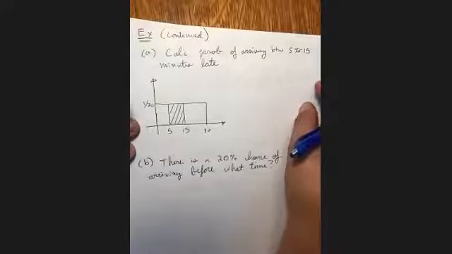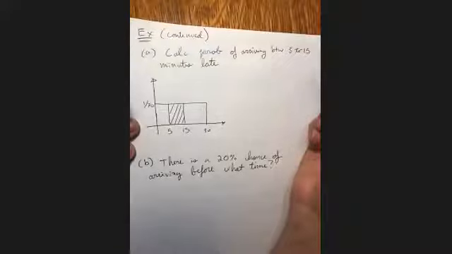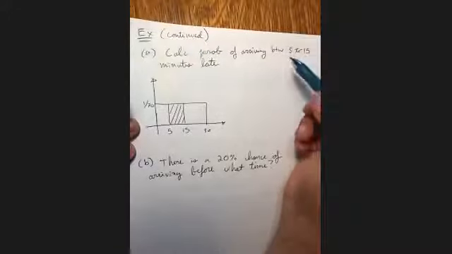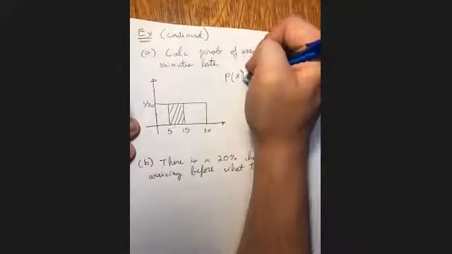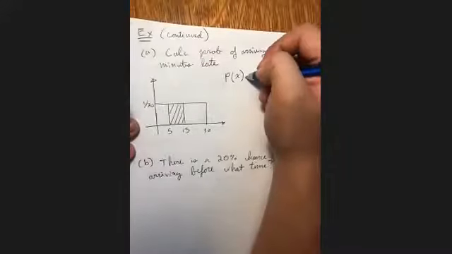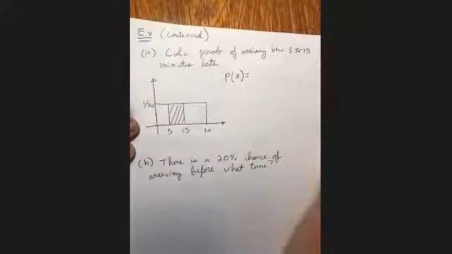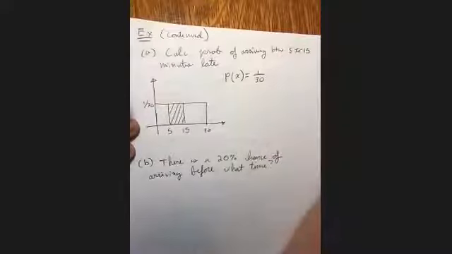Okay. Now, I should really provide you with a probability density function to work with. And for a uniform random variable, the probability density function really is just 1/30.